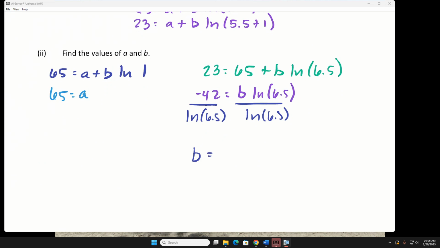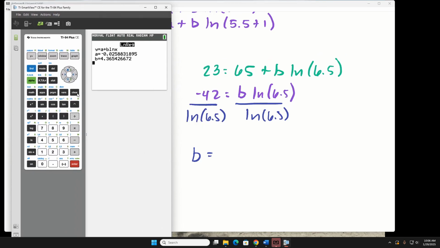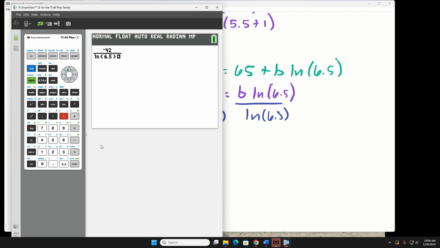So please wait until you're done doing all the algebra to type it in, because if you do it too soon, it's possible that your rounding is going to be messed up. So at this point, I would just do alpha y equals negative 42 over the natural log of 6.5. And then be accurate to 3 decimal places for the b value.